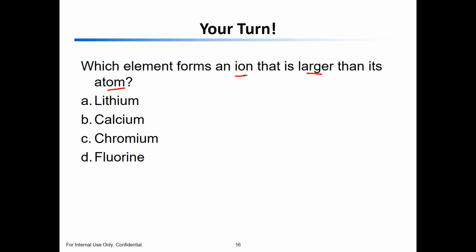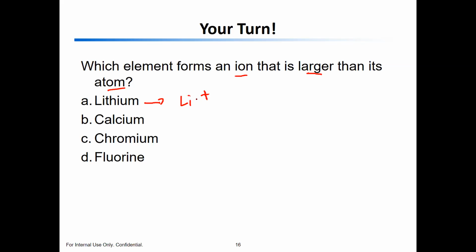Which element forms an ion? They're all going to form ions. So if this one forms an ion, what type of ion is going to form? Lithium minus or lithium plus? Plus. Lithium plus, plus 1.